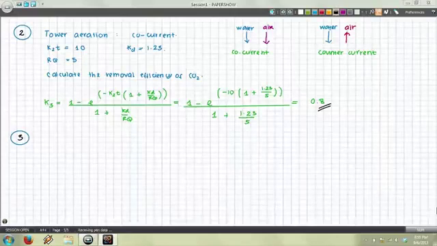Removal efficiency. Oops, the other way.